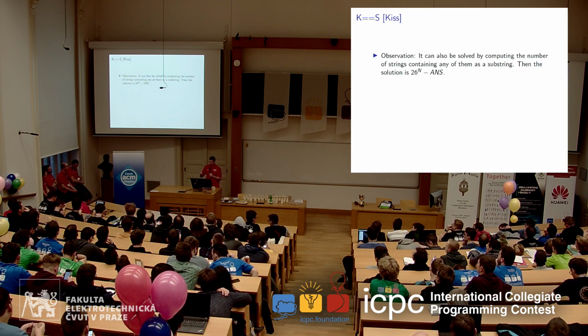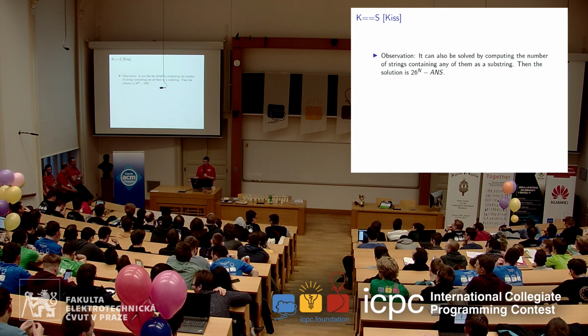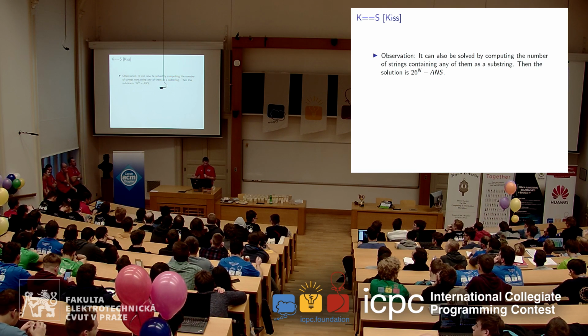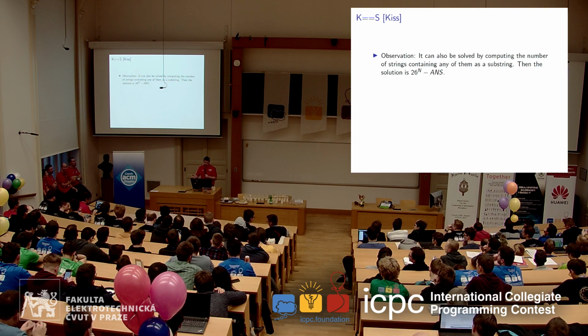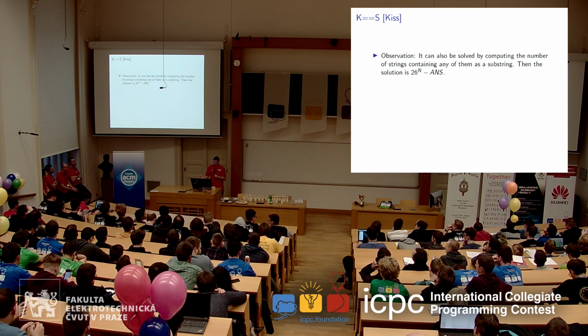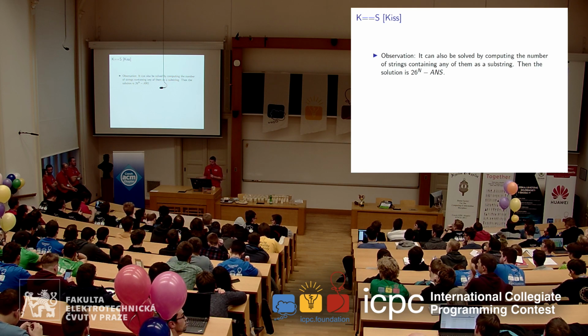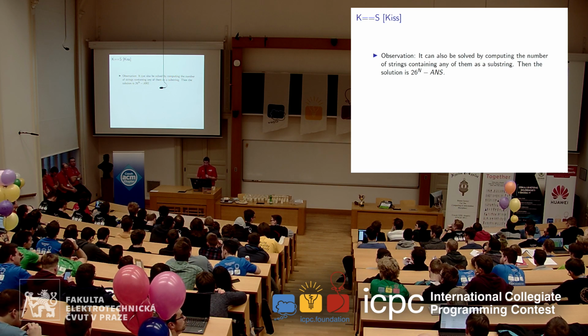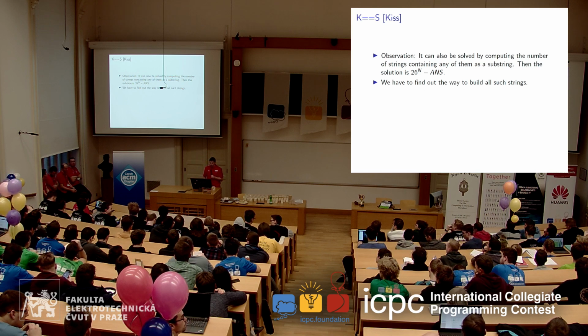Either find the number of the strings which have some of the substrings, or which don't have the substring. So basically it was up to you which of these solutions you have chosen.